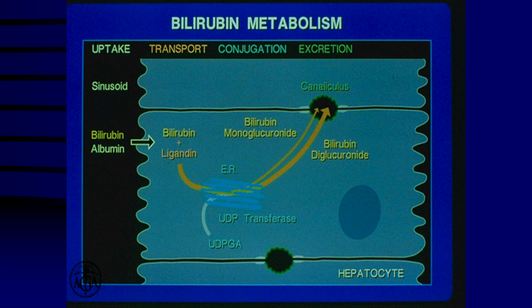So bilirubin enters the hepatocyte where it is conjugated by an all-important enzyme called UDP transferase, which is present in the smooth endoplasmic reticulum. And you generate from that reaction conjugated bilirubin, either bilirubin monoglucuronide or more likely bilirubin diglucuronide.